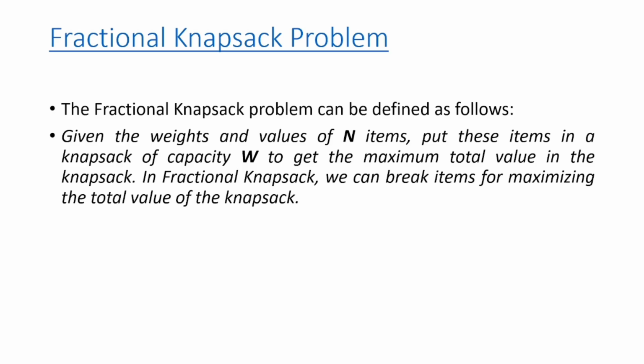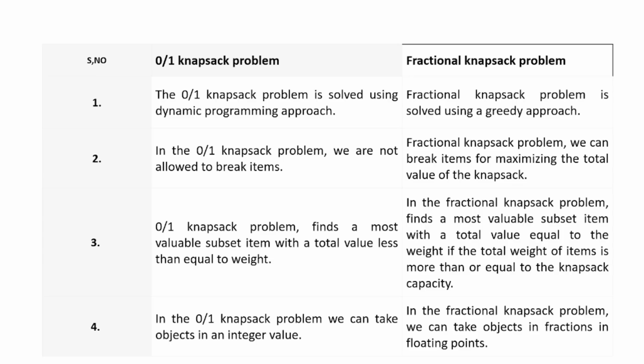First, we are given n items. Each item is associated with a value as well as a profit. The maximum capacity of the knapsack is represented as W, and in the fractional knapsack we break the items to maximize the total value of the knapsack.